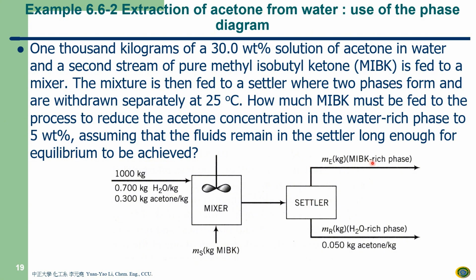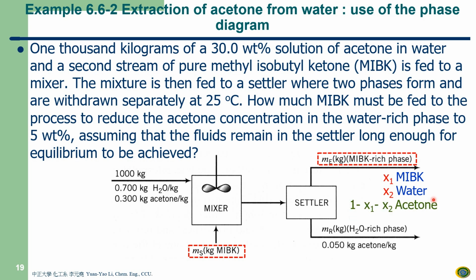How about this one? MIBK rich phase. So you know the total amount of the solution, but what do you need to know? You want to know the mass fraction of MIBK, the mass fraction of water, and also the mass fraction of acetone.